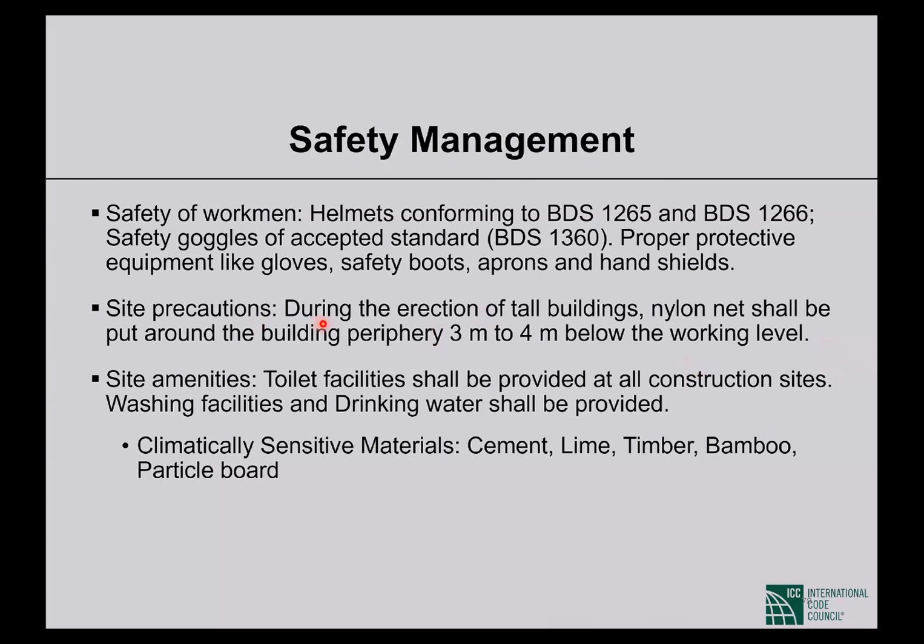So there are restrictions in the code. For tall buildings, during construction, you have to put a nylon net all around the periphery so that nothing falls from the top. Site amenities, this is very important. Hygiene is very important for construction workers. So these have to be carefully considered while planning a construction site.